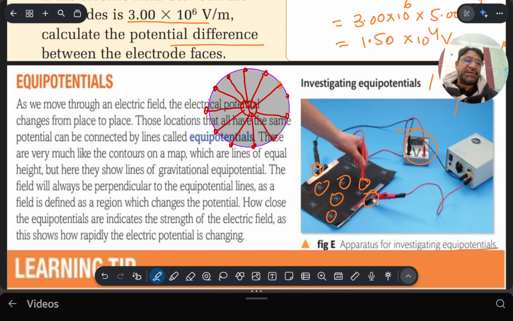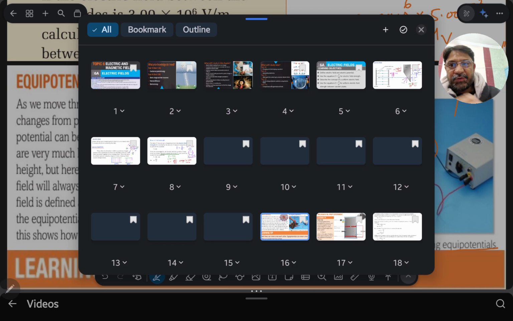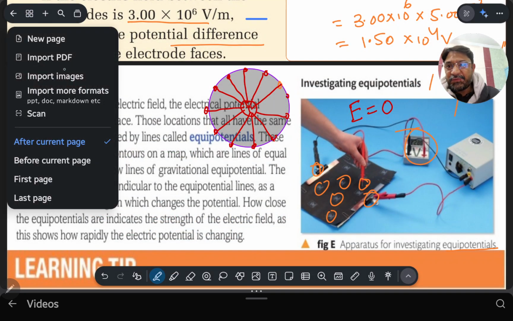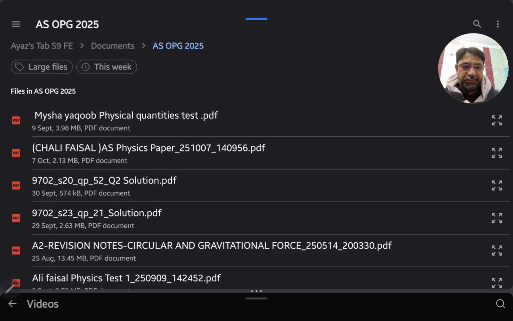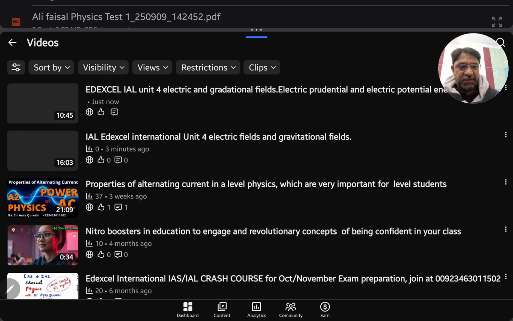Basically, in equipotential surfaces, the electric field strength is equal to zero. Let me add one page for you. Sorry for this inconvenience, because I want to explain something.